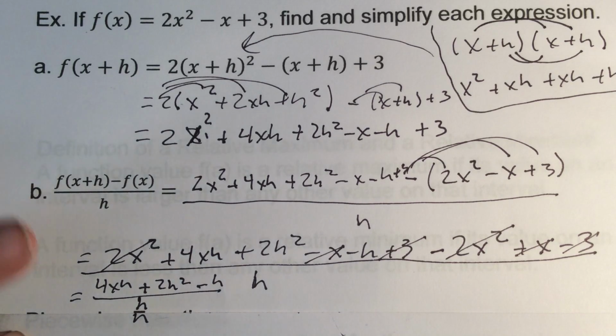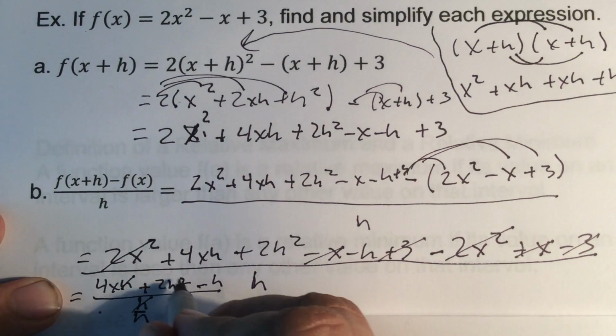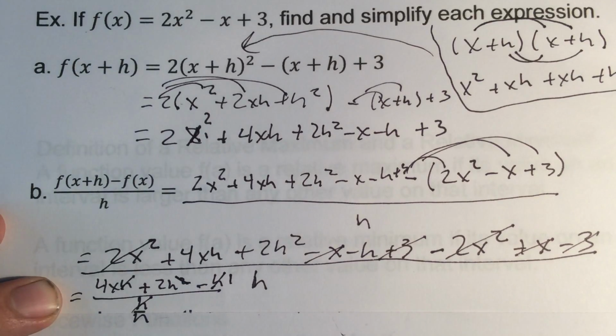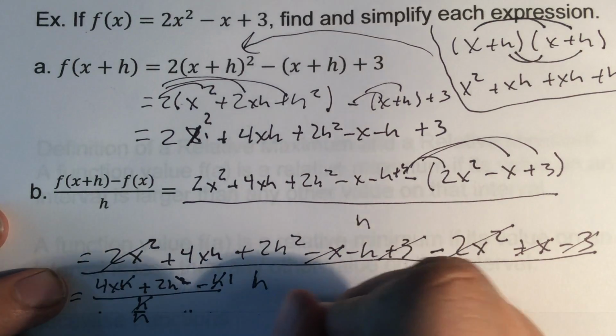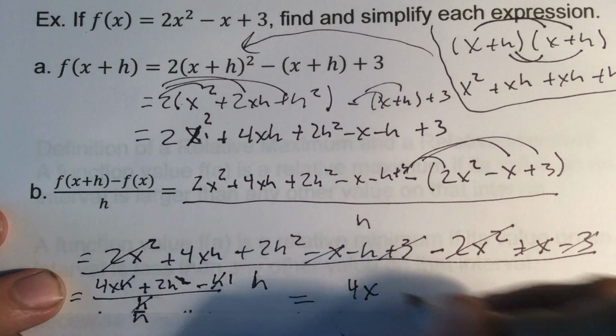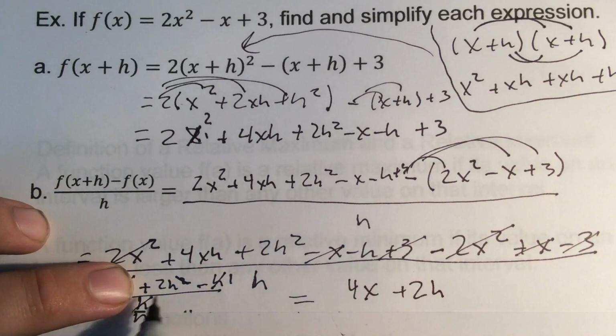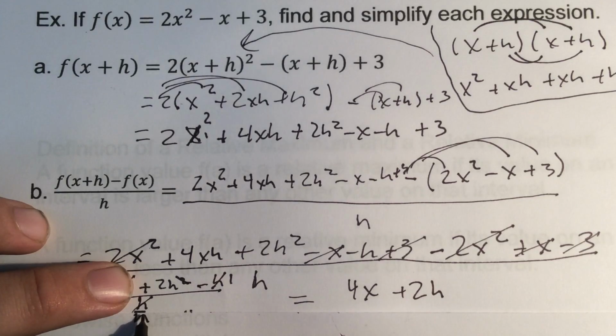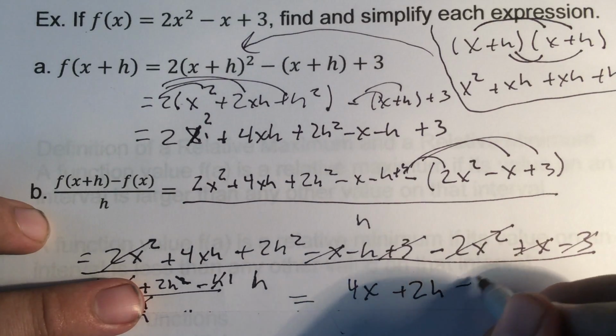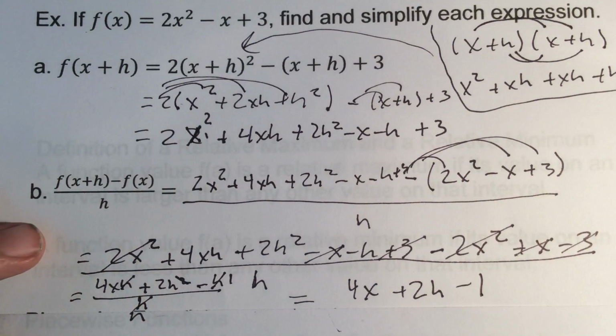I'm kind of running out of room here. From here, we can reduce everything by an h. So when we do that, we get 4x, because this h canceled, plus 2h, because it was h squared, so one of them can cancel. And this h back here becomes a minus 1. And that would be your answer.